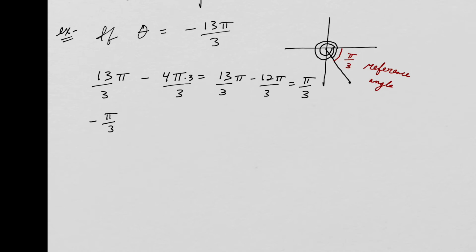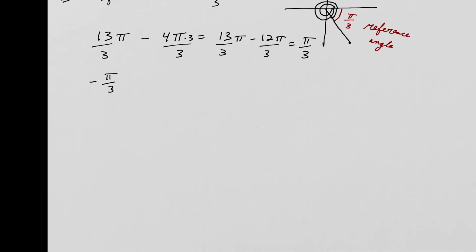And remember, trig functions of any angle have the same absolute value as the trig function of the reference angle, except that the sign might be different. So basically, I need to figure out sine, cosine, tangent, cosecant, secant, and cotangent of pi over 3. And then all I need to do is correct the sign to get the trig functions of negative 13 pi over 3.